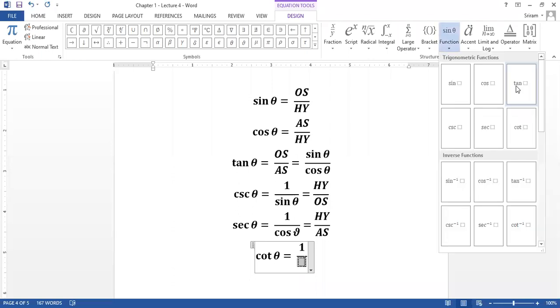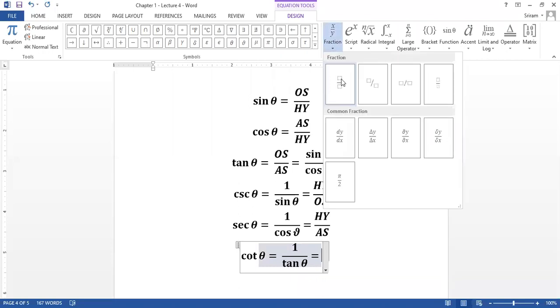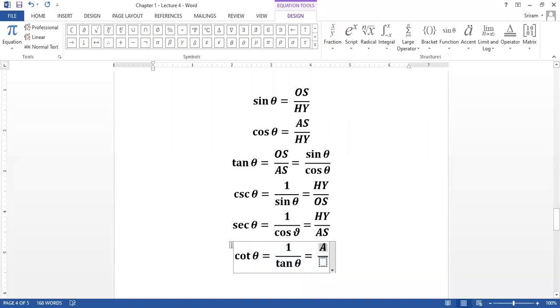Now I have to express this in terms of sides. Tan theta is nothing but opposite side by adjacent side. So I take the reciprocal, which will become adjacent side by opposite side.